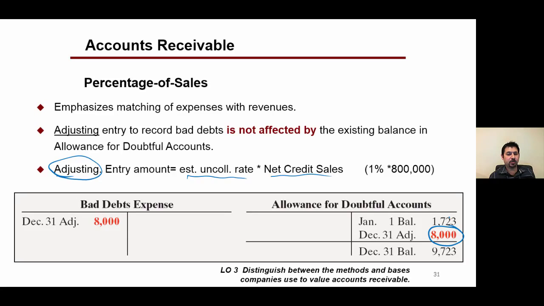But what the company is actually calculating using the percentage and the net credit sales is the adjustment for bad debt expense and for allowance for doubtful accounts.